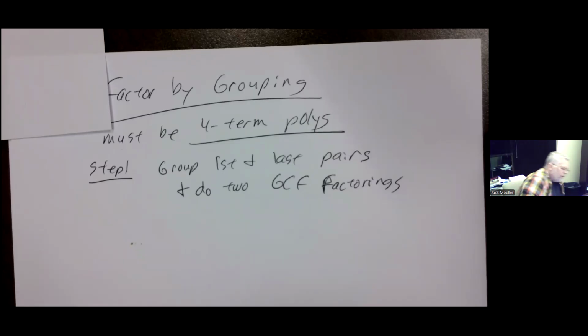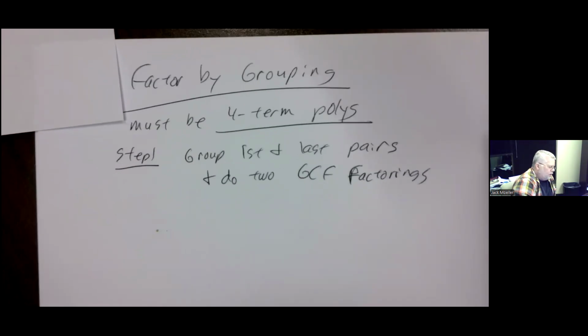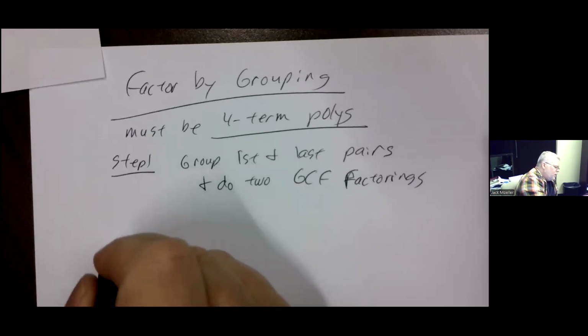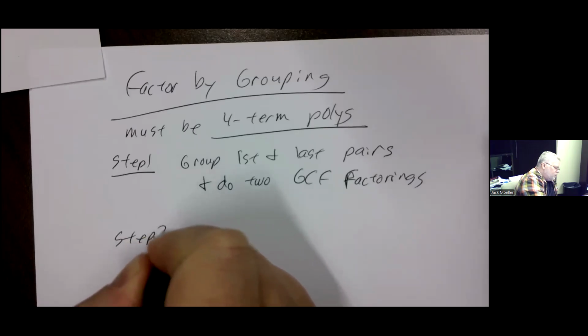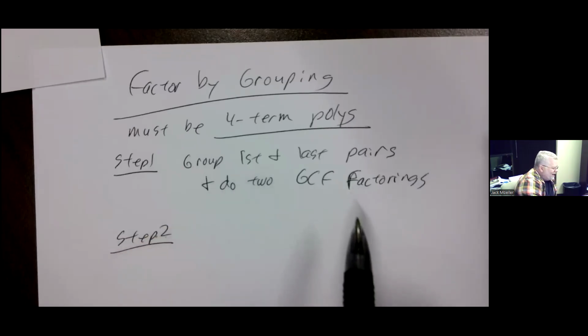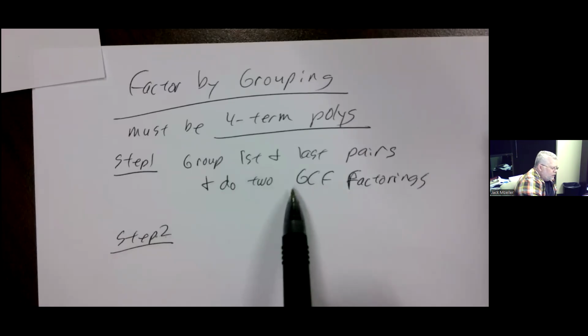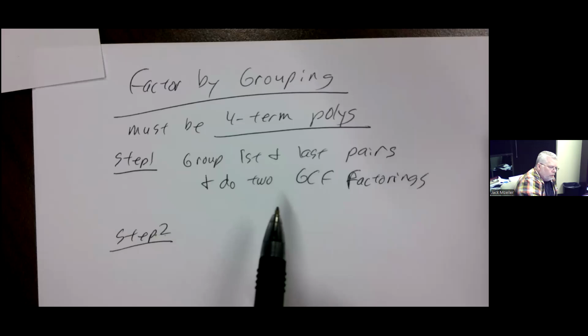On that second pair, we're going to factor out a GCF. Okay, that's why I say this is related to the AC method. Once you do that, that's where you have to be careful, particularly in that second pair, and if there's a negative involved, that tends to cause some problems. But that's where the bulk of the work is.